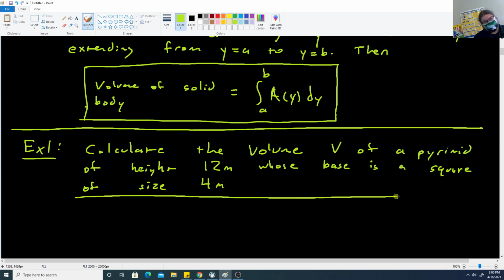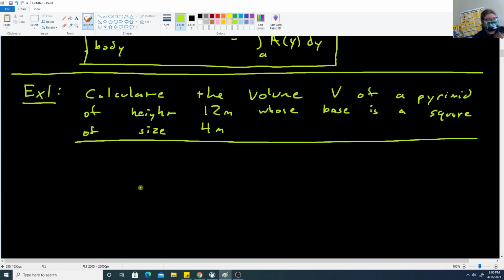I think for these, it's helpful to draw a couple different views of your object so that you can visualize what's going on. So here's our y-axis, here's our x-axis, and let's draw it carefully. Here's our pyramid.